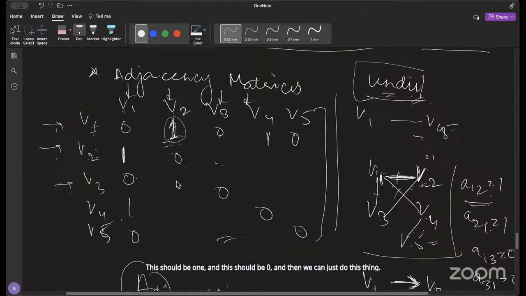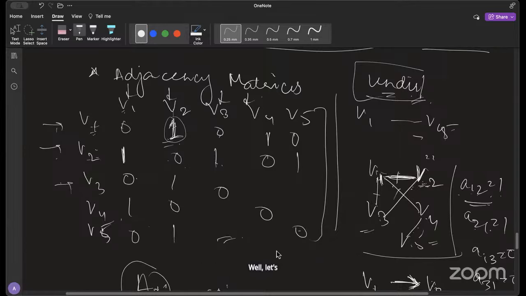Let's take 1 here. Randomly filling these things, not using this graph. V3, V2, and then V2, V3 should be same. So 1 here. And then for this one, V2, V4, let's take 0 here, 0 here. And then V3, what's left? This one, V2, V5, let's take 1, 1.